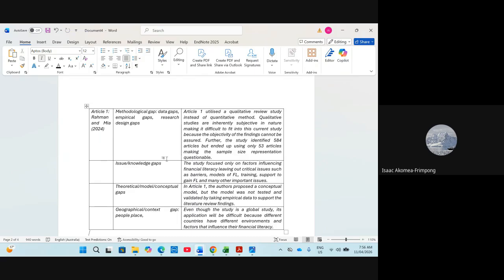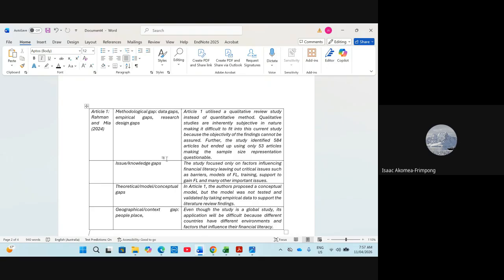That's what I would suggest. Because if you bring subsections like methodological gap, issue gaps, and all that, you are likely to be questioned by whoever is reviewing. I know some reviewers and supervisors will be okay with what you are saying, but the norm is to put them under paragraphs.